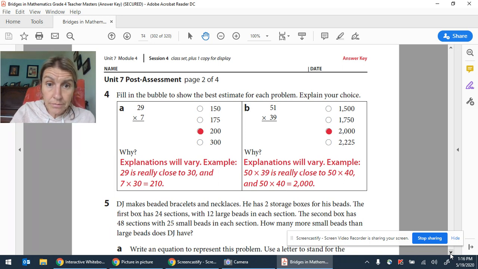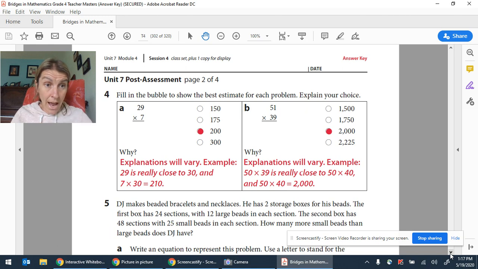That's close to 210. It's the closest. And then B, they say the best estimation is 51 times 39. And again, they use zeros to work with for estimation. So 50 times 40, just making the 51 a 50 and the 39 a 40. The best estimation is 2,000.